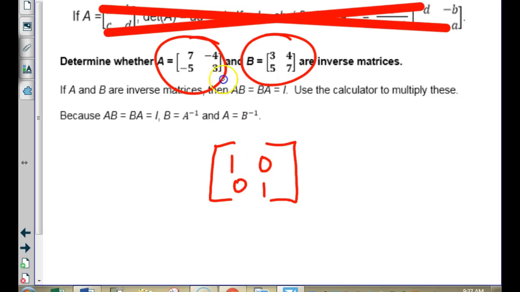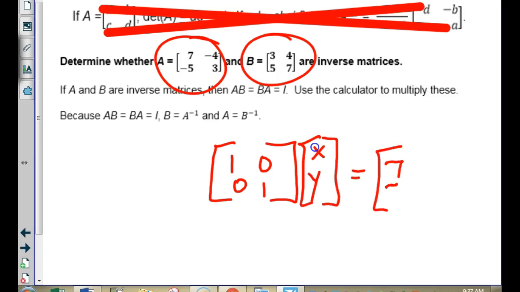It means it cancels everything out when you multiply those together. The identity matrix is going to be important for solving because if I said this multiplied by x y gave me 7, 8, what would that mean?